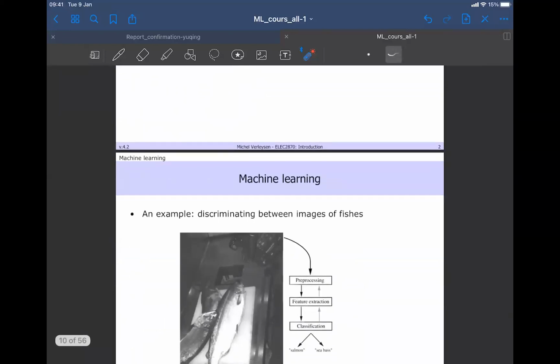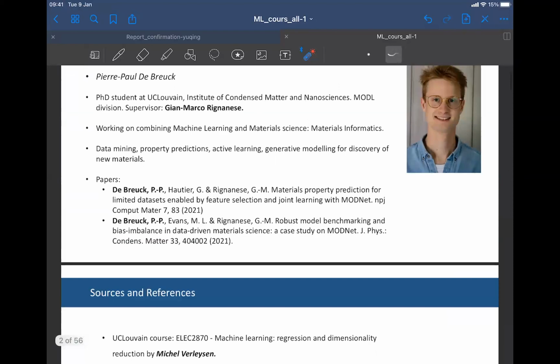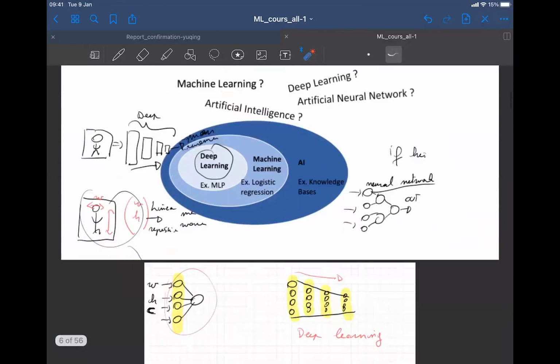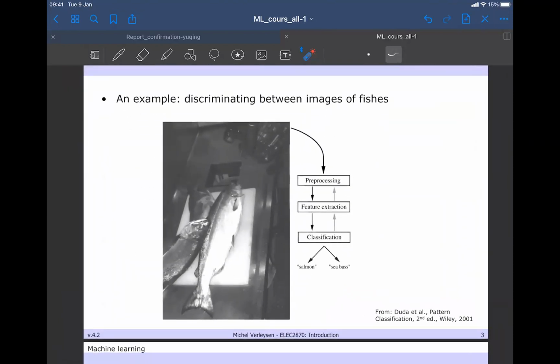So you see now I'm back using the slides of the source I'm giving here, which is a very good course for machine learning. Okay, so I'm back to the example I gave before about the fishes. So let's say we have this image and you want to know which type of fish it is.